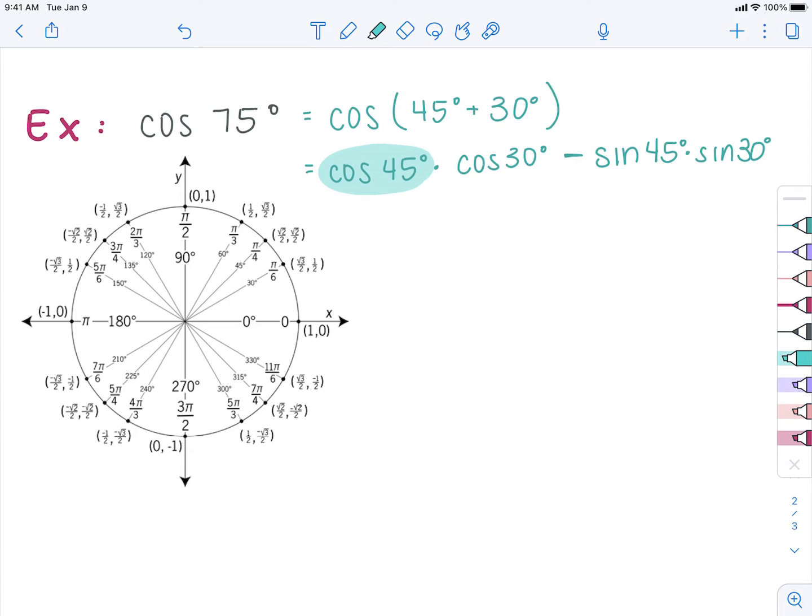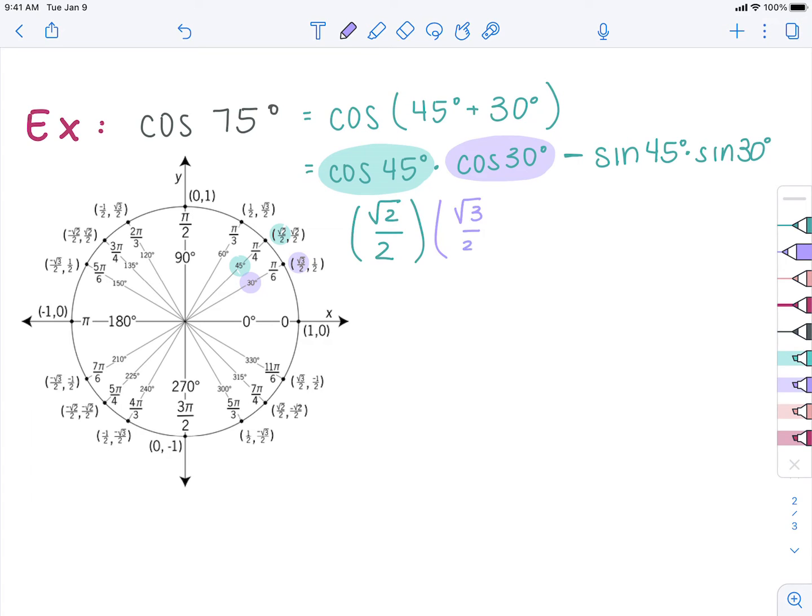So I find 45 degrees, and I know cosine is my x value, so the cosine of 45 degrees is root 2 over 2. Now I need the cosine of 30 degrees. So I find 30 degrees. Cosine is my x value, so my x value at 30 degrees is root 3 over 2.